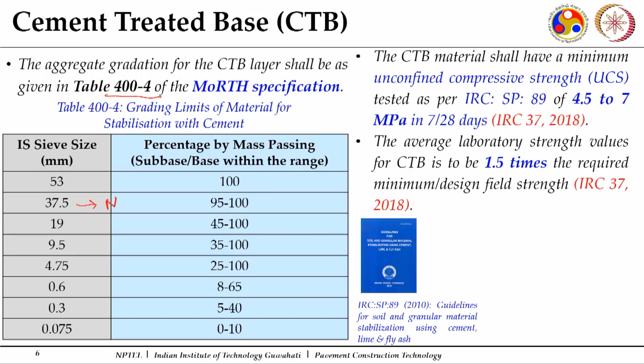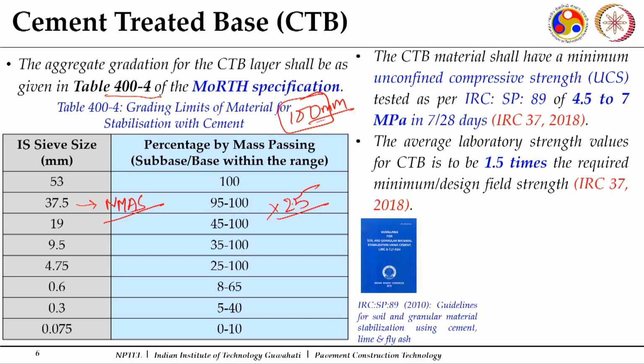So, here you see 37.5 mm is your nominal maximum aggregate size. Now, it says that the layer thickness should be at least 2.5 times your NMS. So, this will be less than 100 mm, and that is what is recommended. If you go for a cement treated base layer, it should have a thickness of at least a minimum of 100 mm. That is why it can accommodate this kind of aggregate gradation.